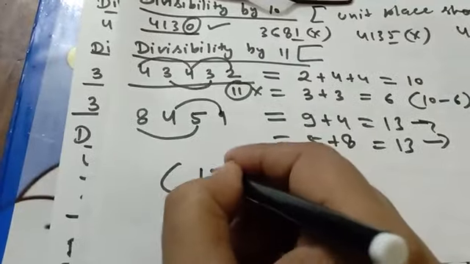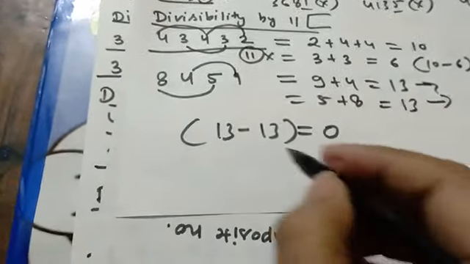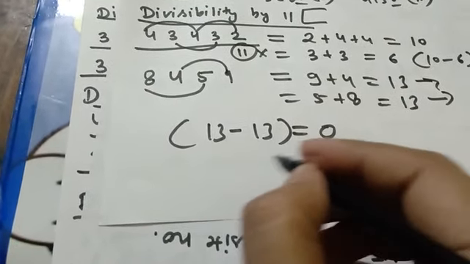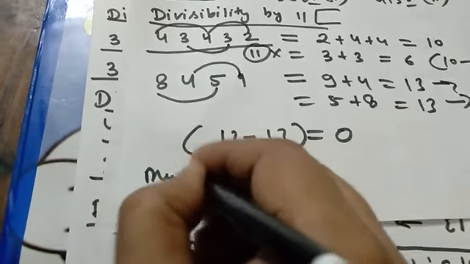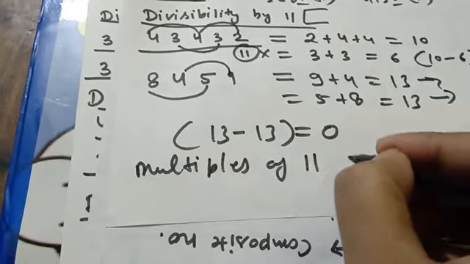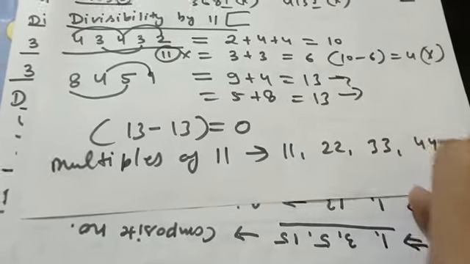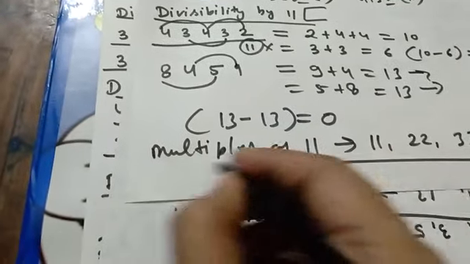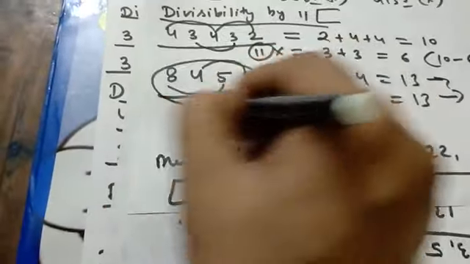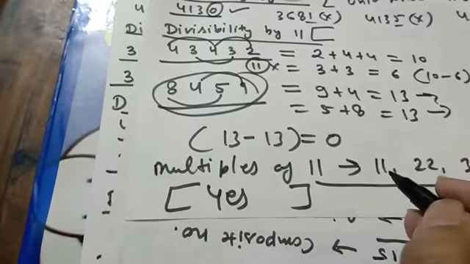Now find the difference. 13 minus 13 gives 0. If our difference is 0 or multiples of 11, like 11, 22, 33, 44, etc., the whole number will be divisible by 11. So our answer for this number 8459 is yes.